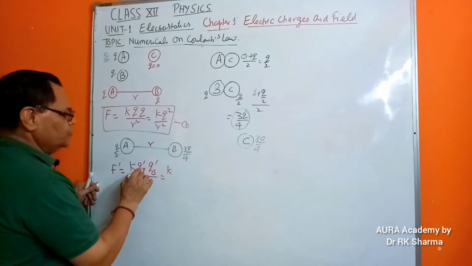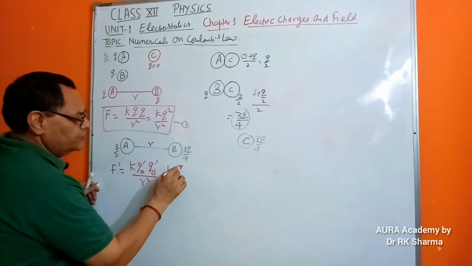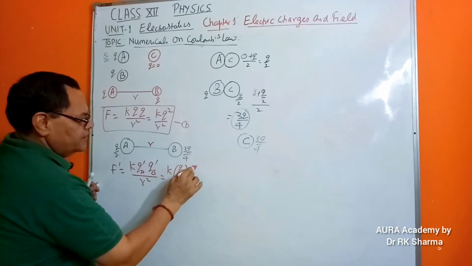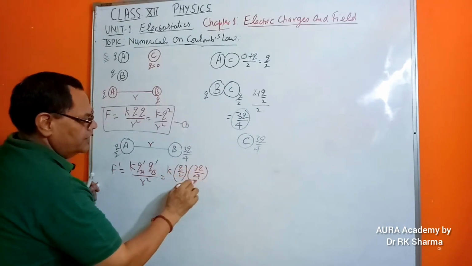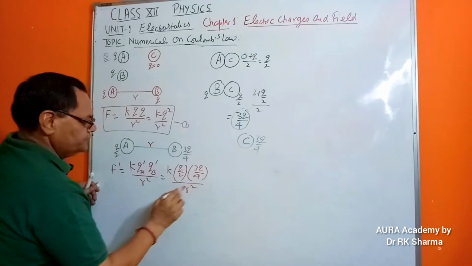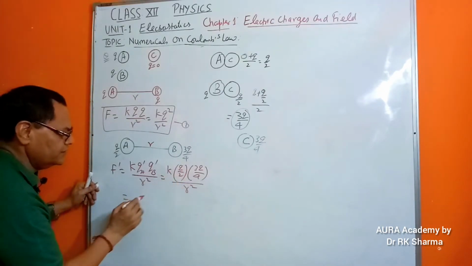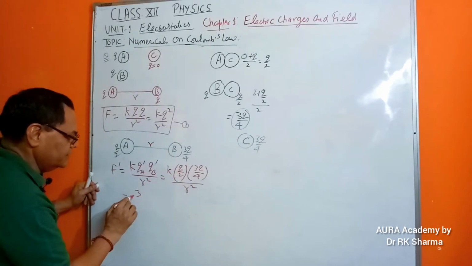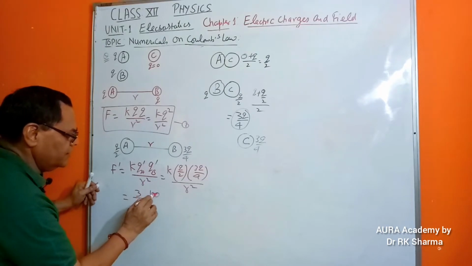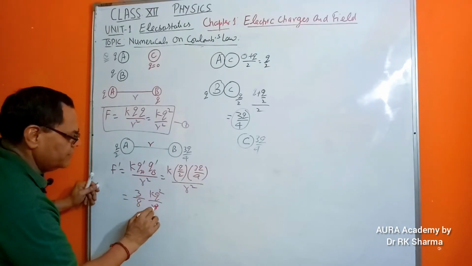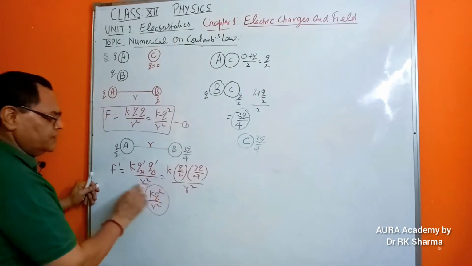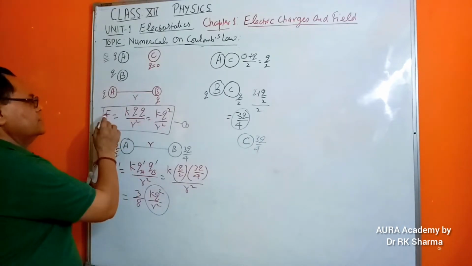K as it is, QA dash is now Q by 2 instead of Q, and QB dash is 3Q by 4, and of course the distance is the same. So you find it is 3 by 8 K Q square by R square. But you see this one, K Q square by R square, it is the original force.